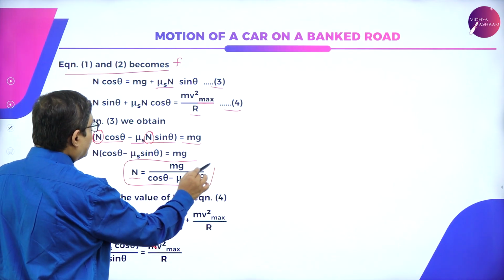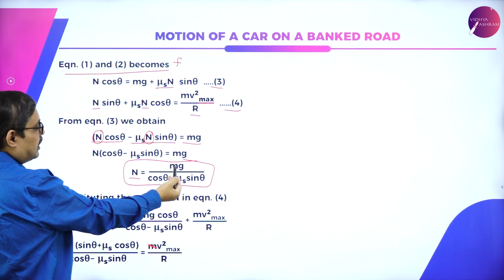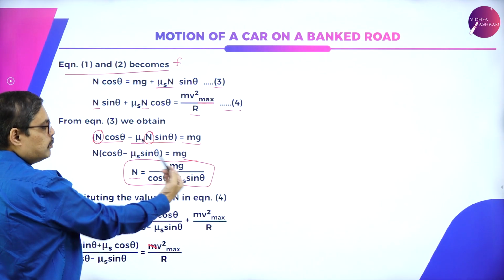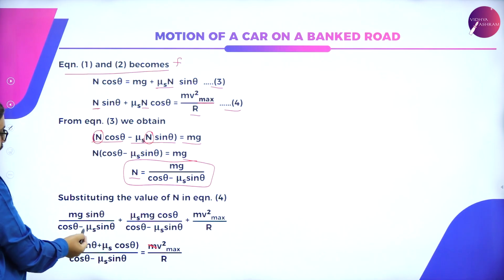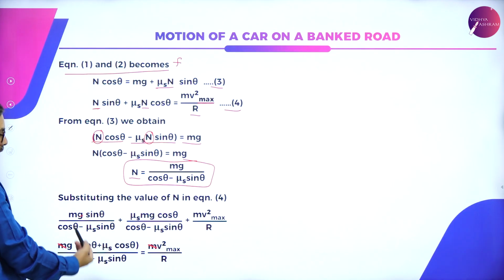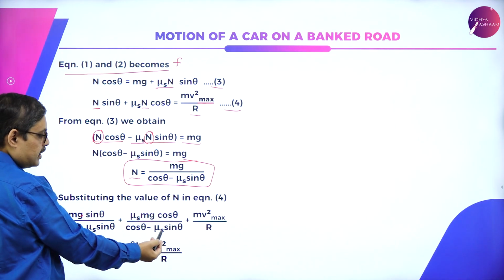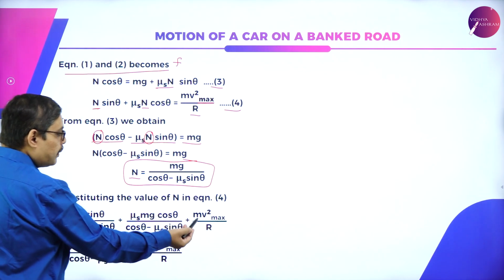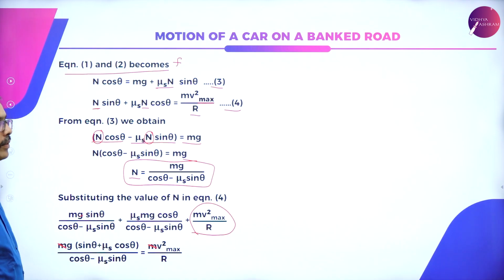In place of N in equation 4, let me use mg by cos theta minus mu s sin theta. If I substitute for N in equation 4, I get mg sin theta by cos theta minus mu s sin theta plus mu s mg cos theta by cos theta minus mu s sin theta, equals m v max squared by r.